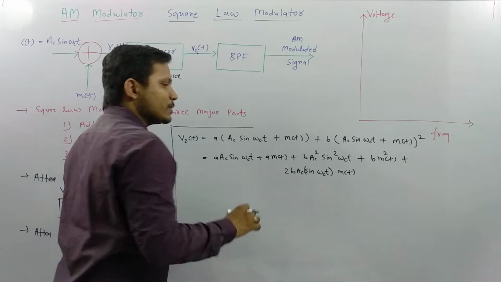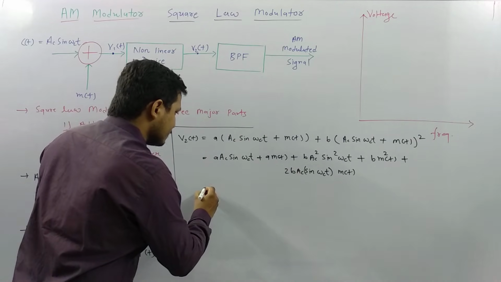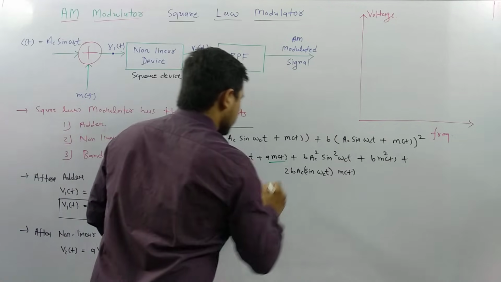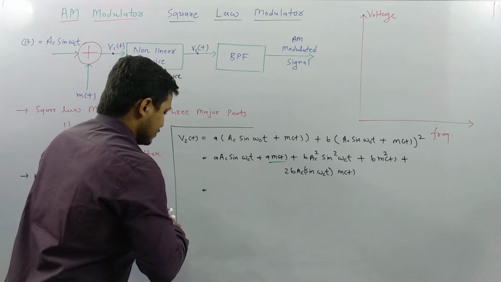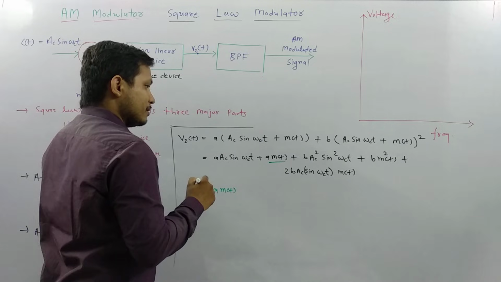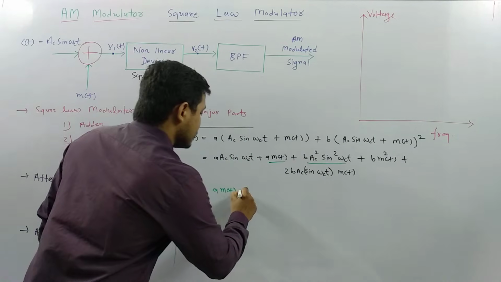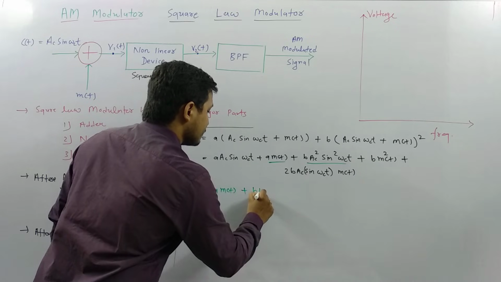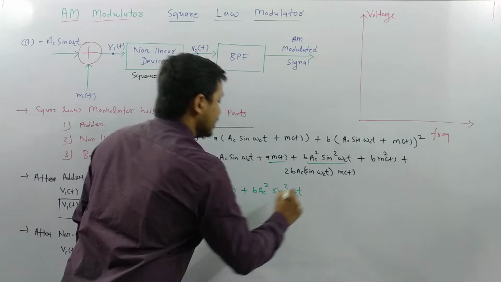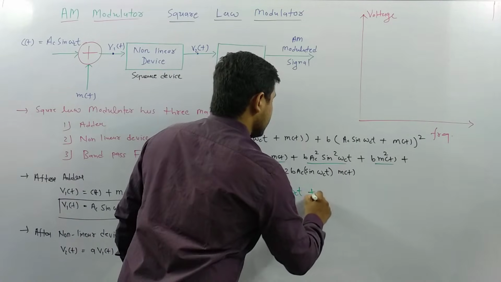First I will take this part, that is a m(t), then plus b Ac square sin square omega c t, plus this part, that is b m square t.